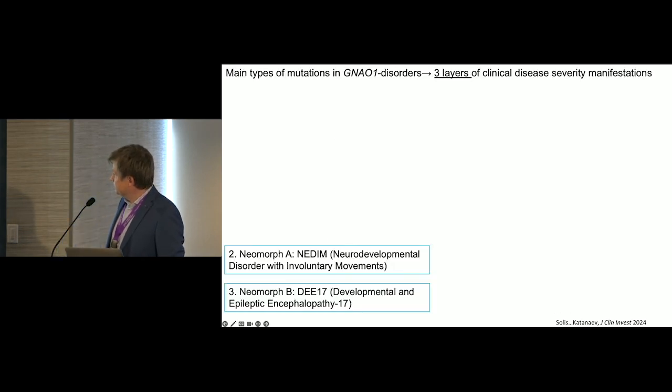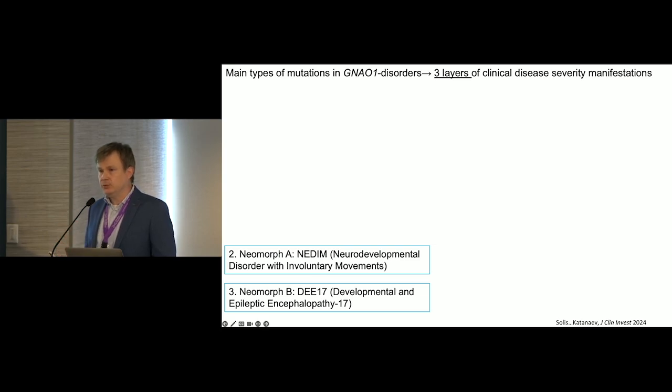So basically, my message, which is painted with a broad brush because there are many subtleties which complicate the picture, is that I want to conclude that there are 3 layers of mutations in GNAO1 encephalopathy.